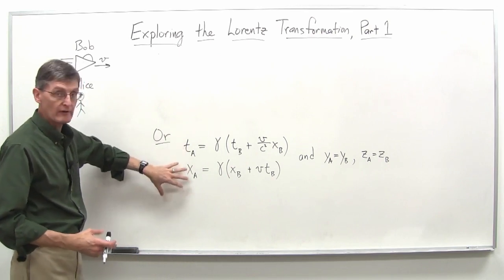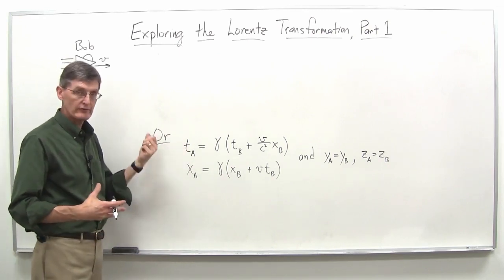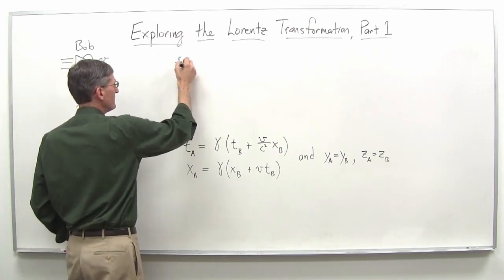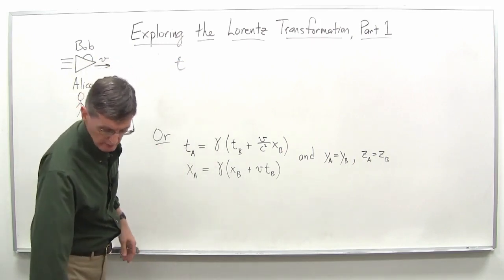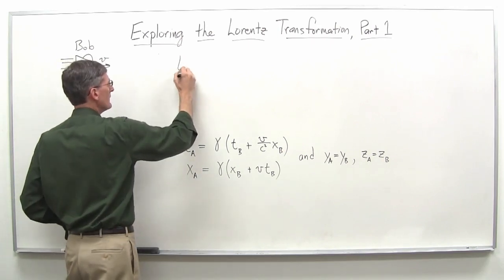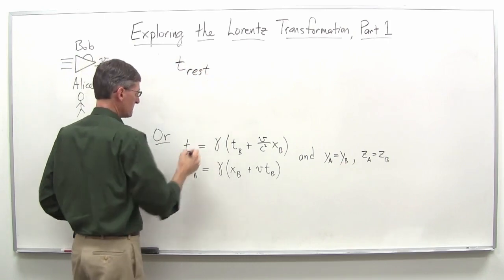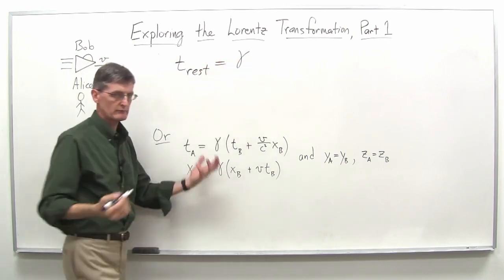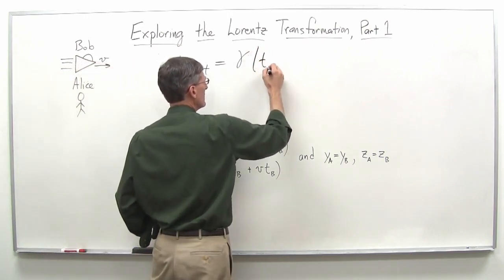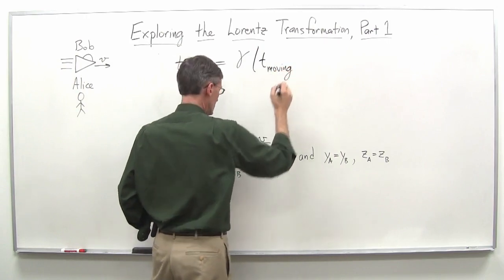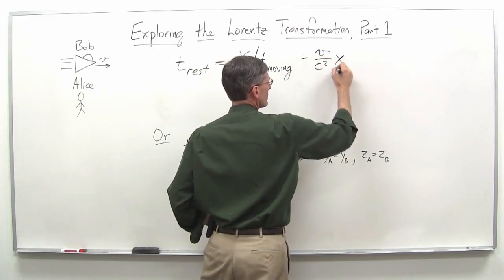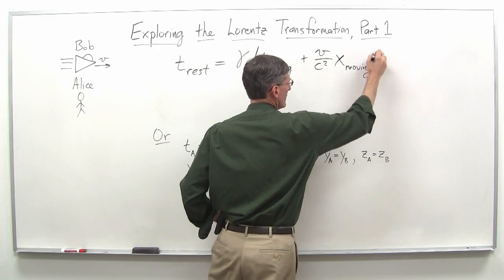Instead of A for Alice, we're going to have rest for the frame of reference that's considered to be at rest. So we'll say T rest equals gamma, still being the Lorentz factor, times T moving, since T B is our moving frame, plus v over c squared times x moving.